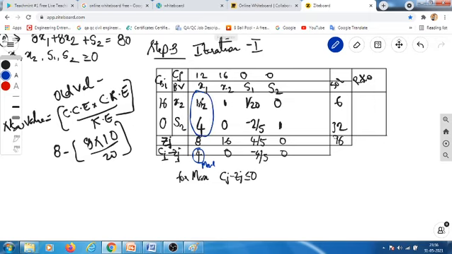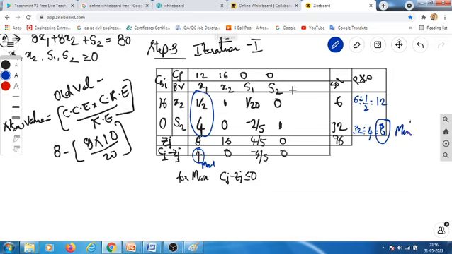On dividing these values with the ratio, 6 divided by 1 by 2, the value is 12. Similarly, 32 divided by 4, the value is 8. So the minimum is 8.